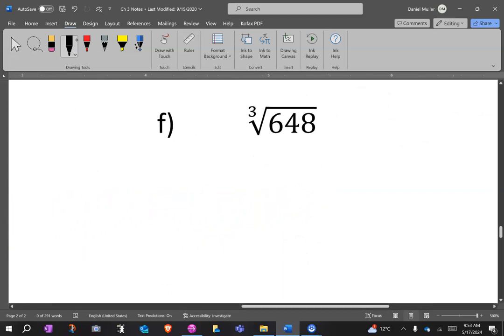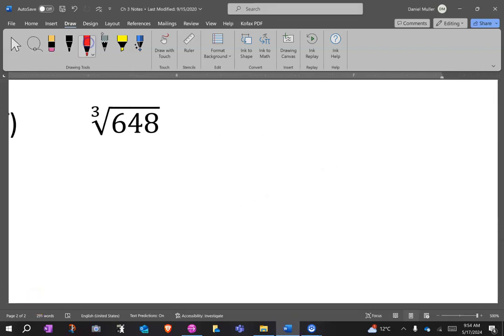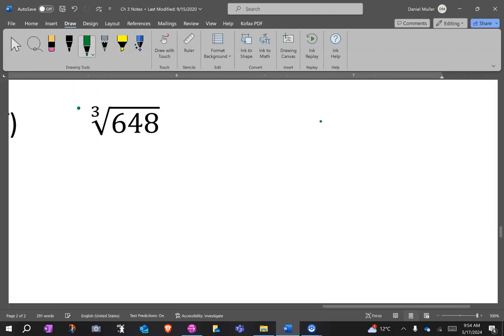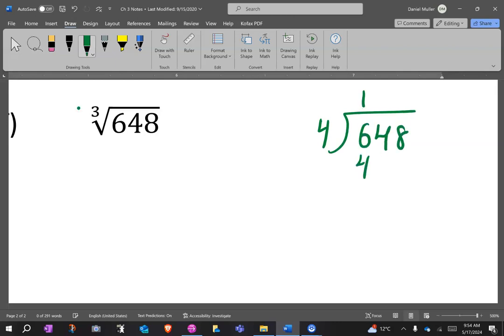Cube root of 648. Now, it might be hard to think, I don't have that trick with the zeros. So if you wanted to, you could just pick a number like 2, or I'll just pick 4. I'll see if I can divide 648 by 4. So 4 goes into 6 once, and then I can subtract that to get a 2 and bring down the 4.